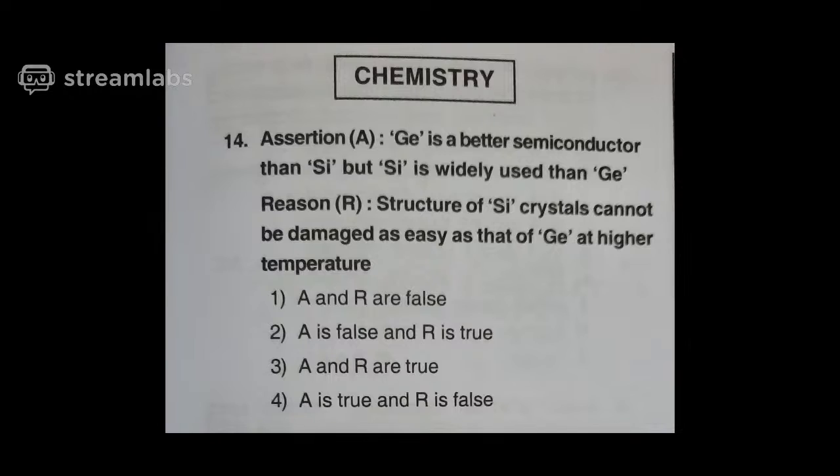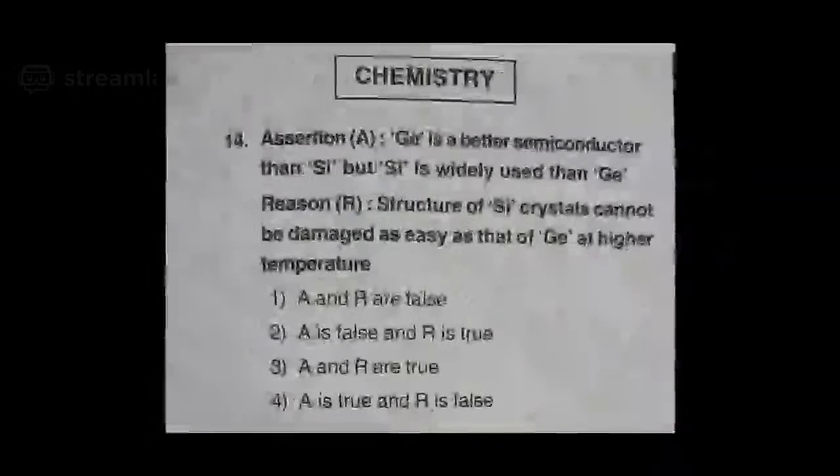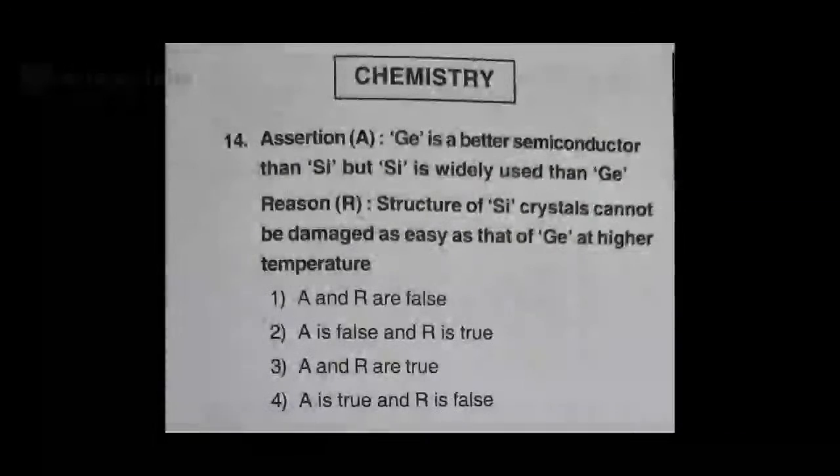Reason for that: silicon crystals cannot be damaged easily at higher temperature rather than germanium. Okay, now which would you like to prefer as the answer for this question? Hope the question is very clear.